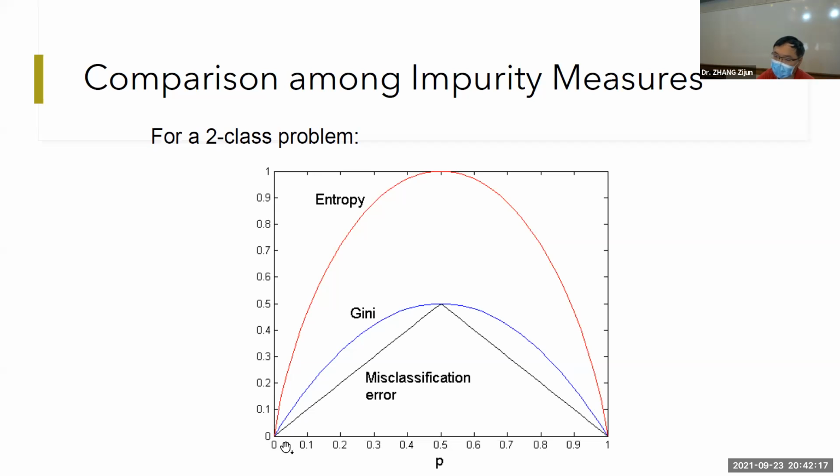But if we consider Gini, it has a quadratic curvature term. That means this measurement can distinguish better as the impurity increases faster. But entropy has the most sensitivity, increasing sharply with the frequency.